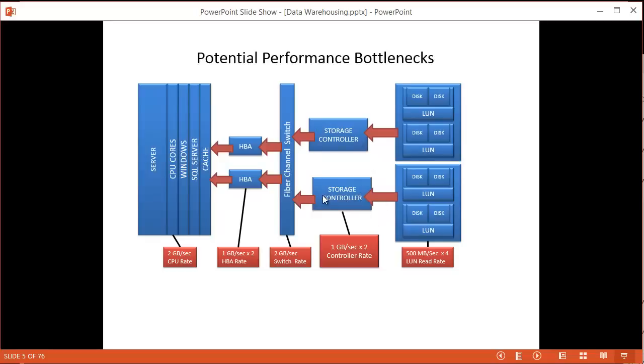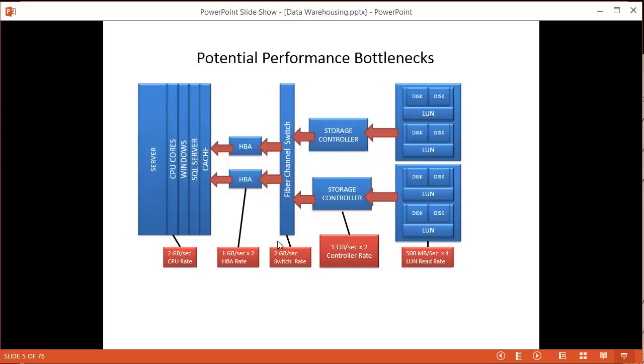Again, this is a simplified version. Then you need to ensure that your storage controllers can actually support that 2 gigabytes per second, because if your storage can deliver 2 gigabytes, but your controllers can't efficiently process that, then you'll never get that throughput all the way to the server.